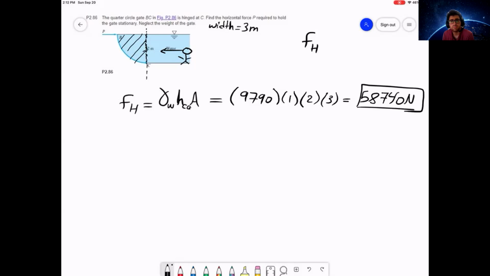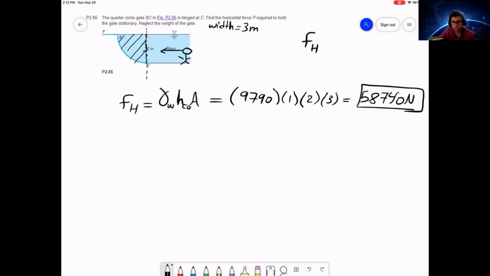We use the formulas to find the moment first, right? Well, first, you need to know the location. We have an equation to find the location. Remember YCP and XCP? Remember these two formulas?